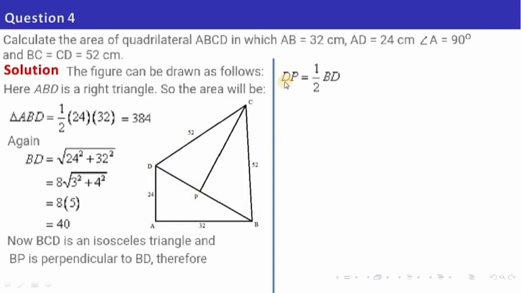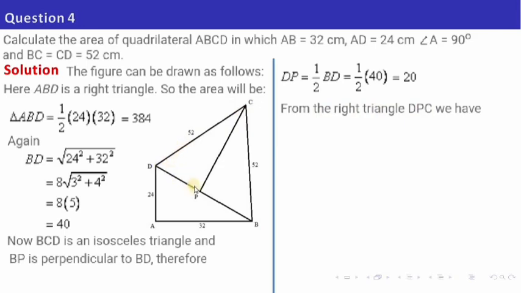That's what is written out here. Just now you got BD to be 40 centimeter, isn't it? So you do the cancellation and you get DP equals 20. Now, from right triangle DPC, because you know that this is 90 degree, this becomes your hypotenuse.